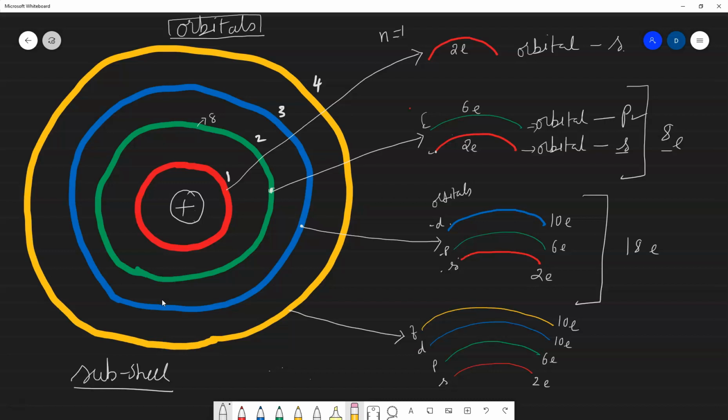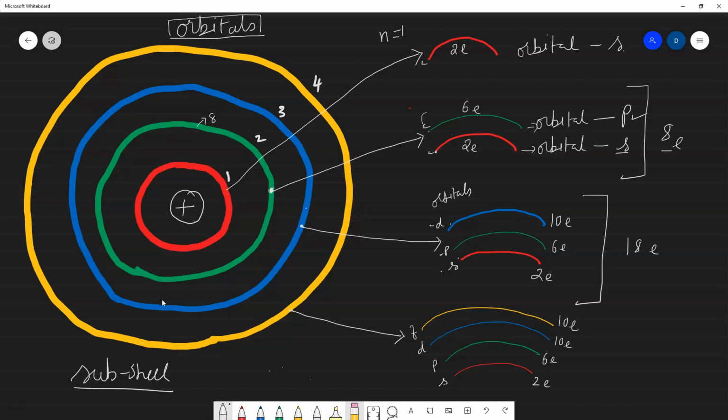You can also relate the number of shells with the number of orbitals, and this applies only up to shell number 4. The first shell has 1 orbital, the second shell has 2 orbitals, the third shell has 3 orbitals, the fourth shell has 4 orbitals. You cannot apply this easy rule to shell number 5, but at your level you won't be going beyond 4 shells.